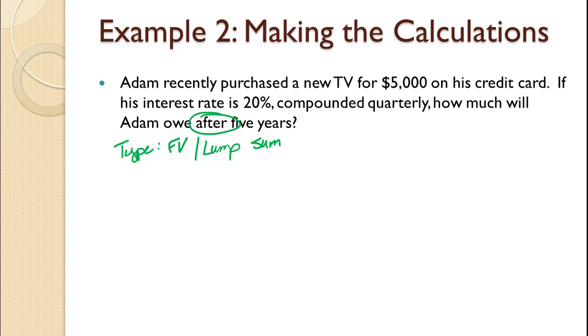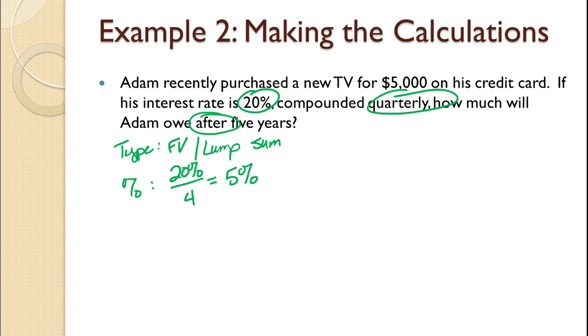All right, next thing we need is our interest rate. And in this case, our interest rate is going to take a little bit of work. The annual rate, remember interest rates are always annual, is 20%, but this is compounded quarterly. So we're going to divide that by 4, and it's going to compound at 5% per quarter. So that's the interest rate we're going to use.